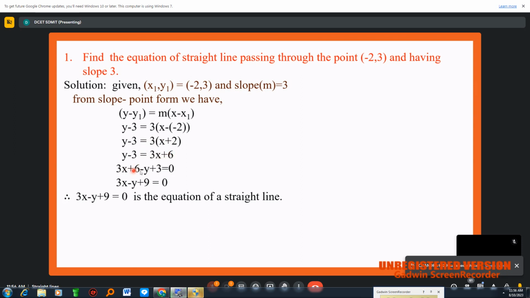So now 3x plus 6 ಇದನ್ನ ಈ ಕಡೆ ತಗೋ ಬಂದ್ರೆ minus y minus 3 ಈ ಕಡೆ ತಗೋ ಬಂದ್ರೆ plus 3 is equal to 0. So now that is nothing but 3x minus y plus 6 plus 3 ಏನಾಯಿತು plus 9 is equal to 0. Therefore 3x minus y plus 9 is equal to 0 is the equation of a straight line. So once everyone go through the problem, if you find any doubt you can ask here.